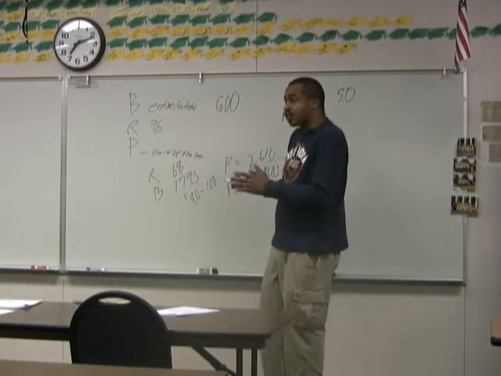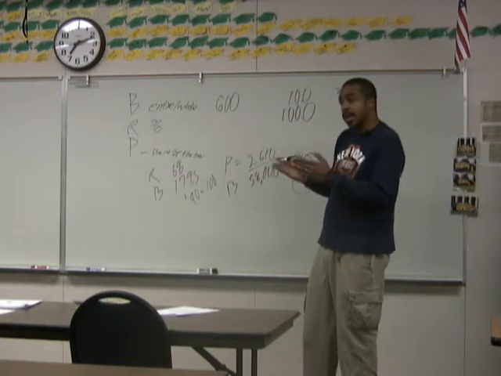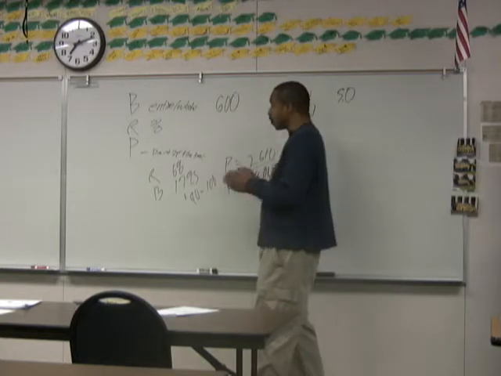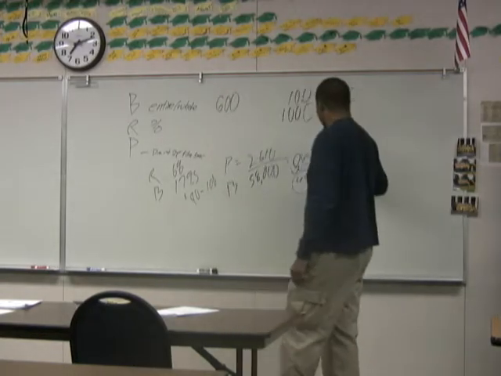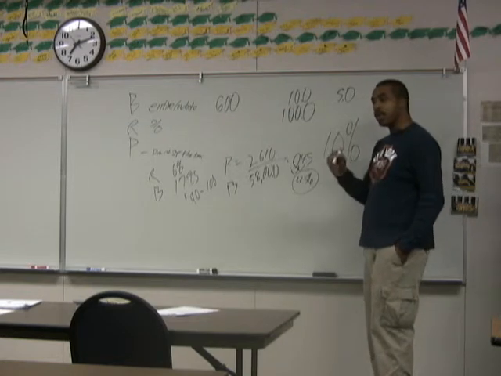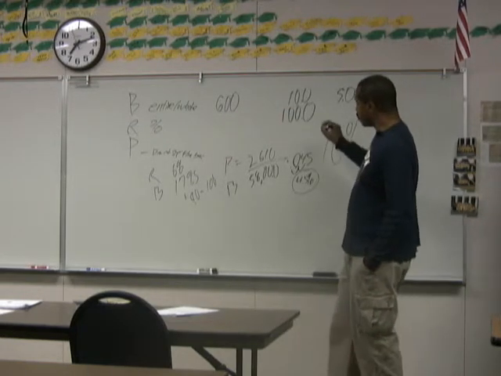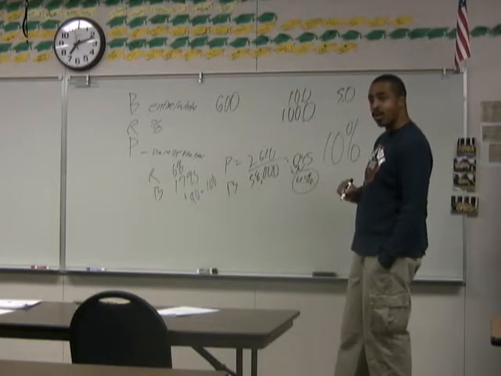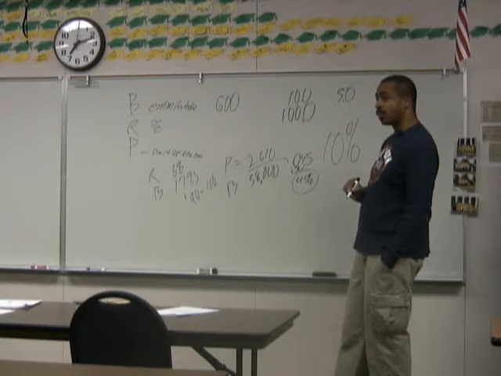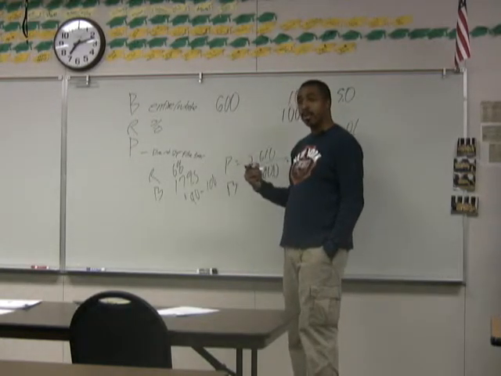So if my answer is far off, it lets me know I've done something wrong and I need to come back and check myself. So again, if you always think about 10% of a number, and it's easy because you just drop a decimal point in, one to the left, then it's going to help you to be able to do some estimation and make sure you're in the right ballpark.